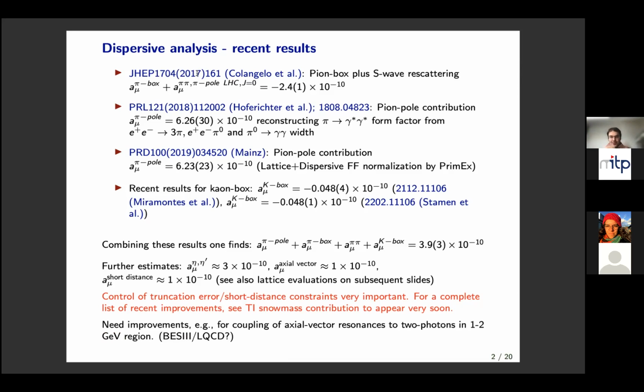You get much more than one form factor and much more to constrain, but you still have some organizational principle of what dominates. So the pion box and the pion pole contributions are quite large. We already learned from Achim this morning about the need to have double virtual and maybe single virtual form factors here, and how the lattice can also help there.